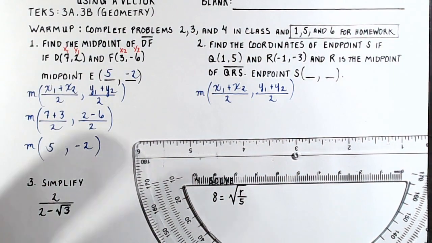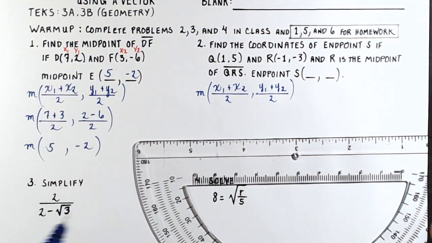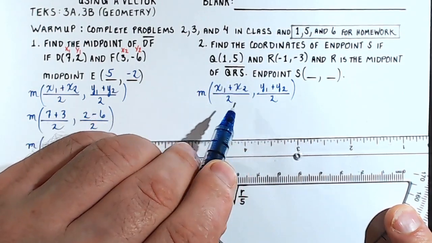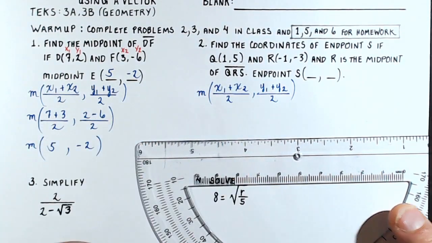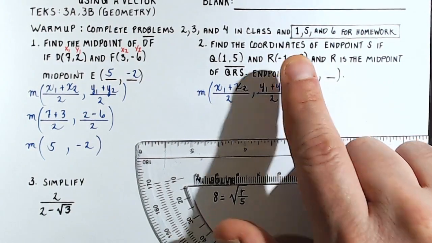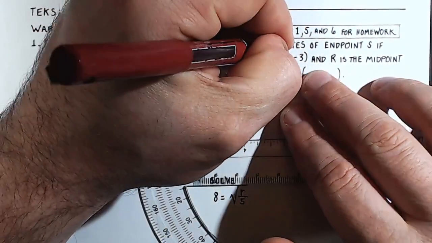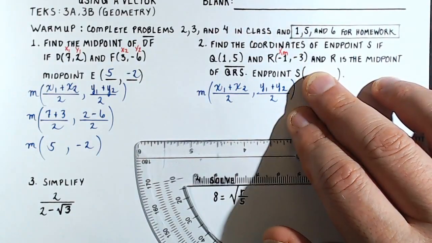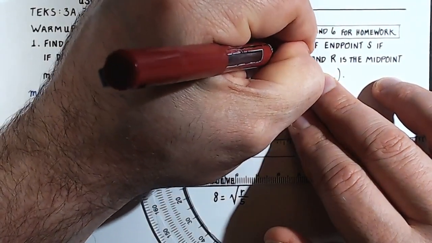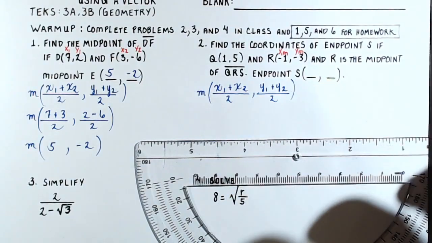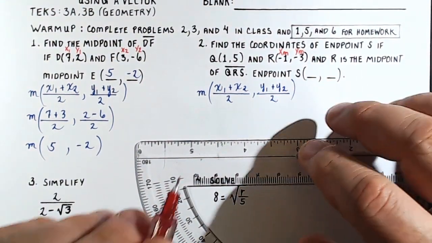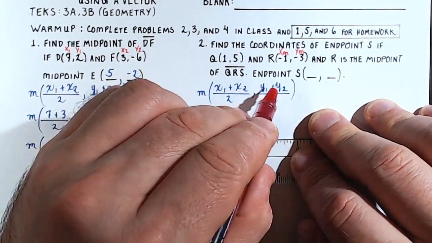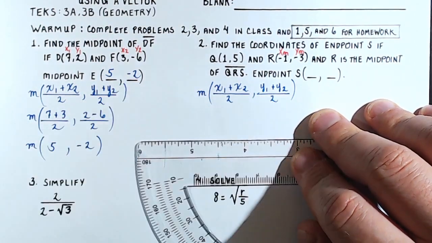Now, we already know what the x-coordinate of the midpoint is. Remember, this little formula here will give me the x-coordinate of the midpoint. That's negative 1. So this is the x-coordinate of the midpoint, x sub m. This is the y-coordinate of the midpoint, y sub m, negative 1, negative 3. So this little formula equals negative 1. This little formula equals negative 3.